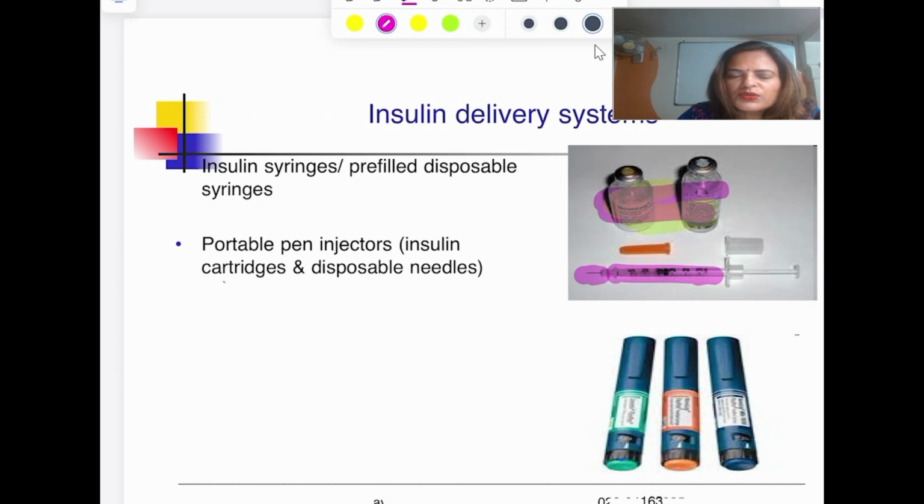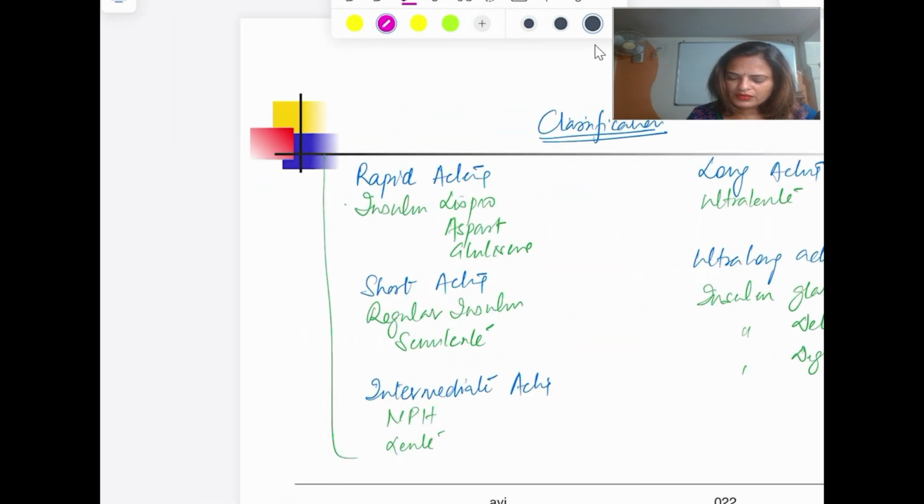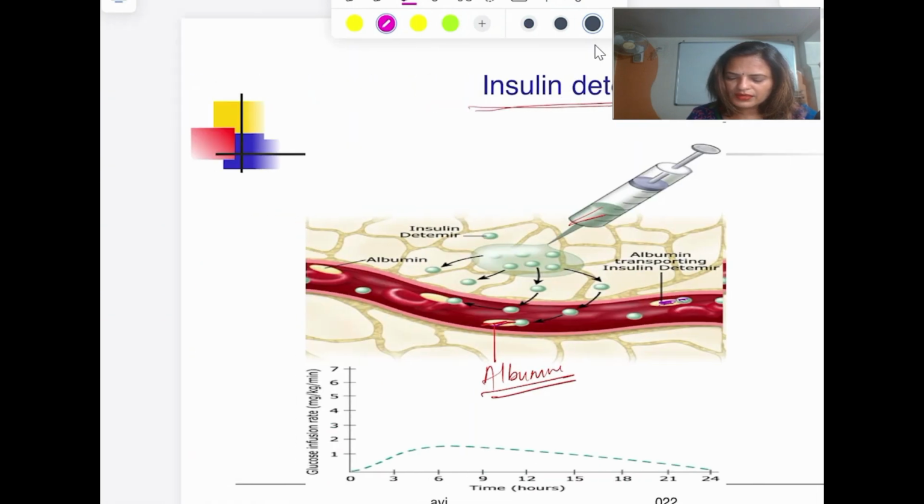Regular insulin can be given by the subcutaneous route, but we can give it also by the IV route. So during an emergency, which insulin is to be given? It is regular insulin. One point I just forgot to explain with glargine insulin.